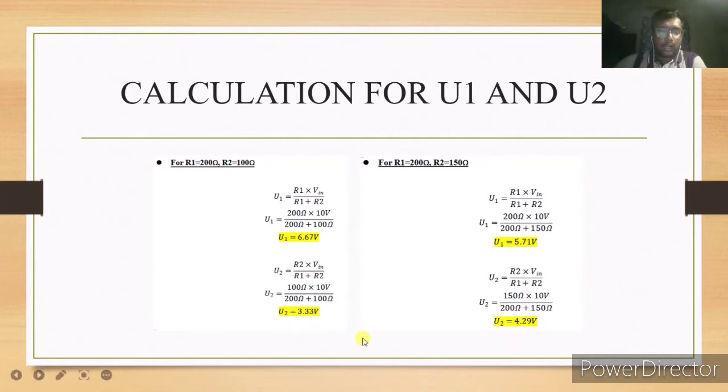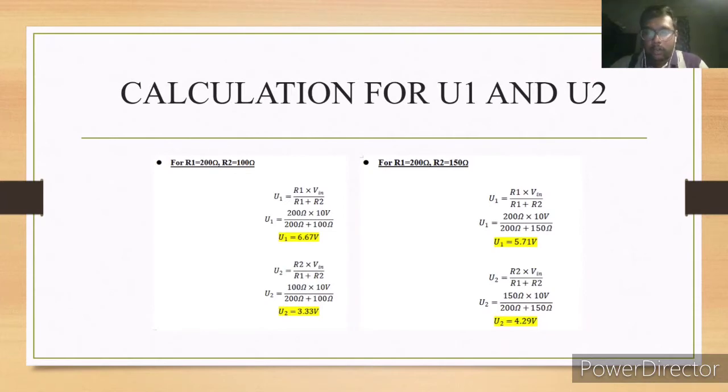For U1, we have done this calculation using this formula given in the lab sheet. These are the R1 and R2 values that we used in order to find U1 and U2 based on the table. This is the formula that we have used for resistance 200 ohm and 100 ohm. We have obtained U1 and U2, which is 6.67 and 3.33 volt.